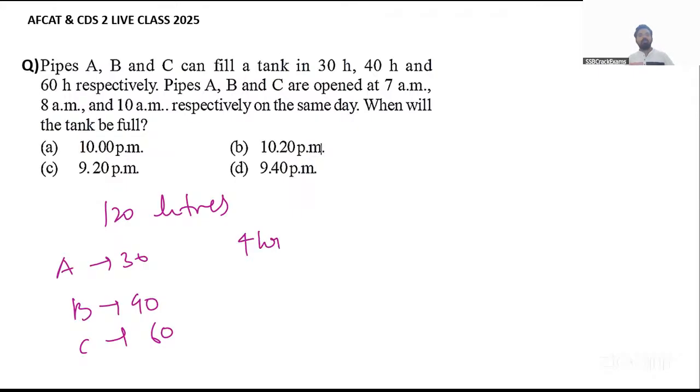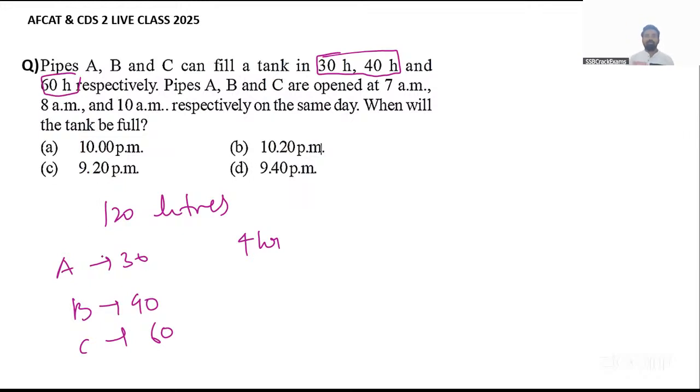Now you can take the LCM of 30, 40, and 60. So its LCM will be 120. You can assume the capacity from here, or otherwise it will create difficulty in calculations and it will take a lot of your time.